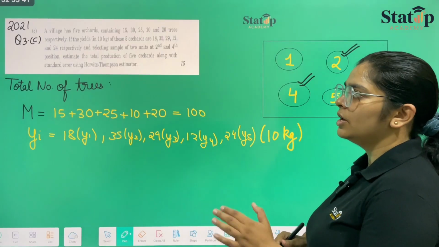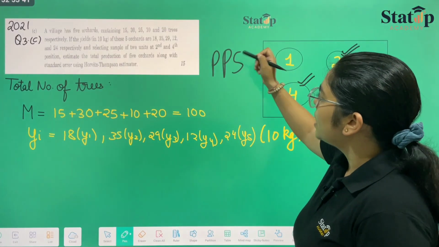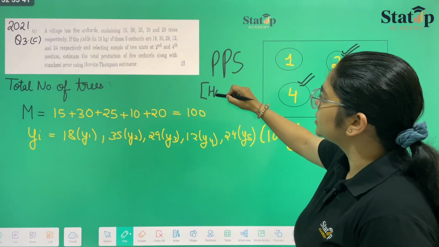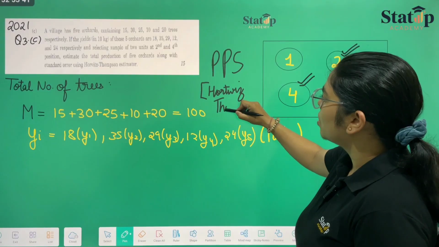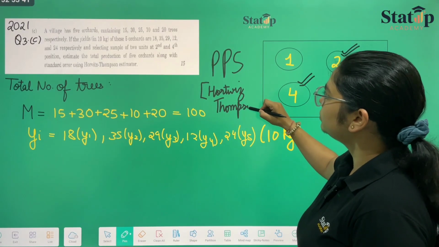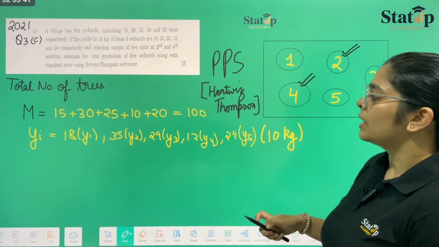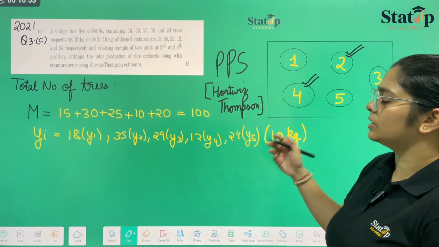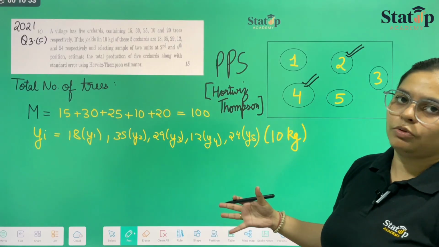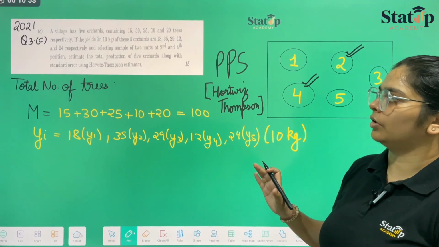As the yields are changing, that is why we'll be using PPS sampling, in PPS also the Horvitz-Thompson estimator, because here with every orchid the yield is changing, and this is the case of PPSWOR, probability proportional to size without replacement.